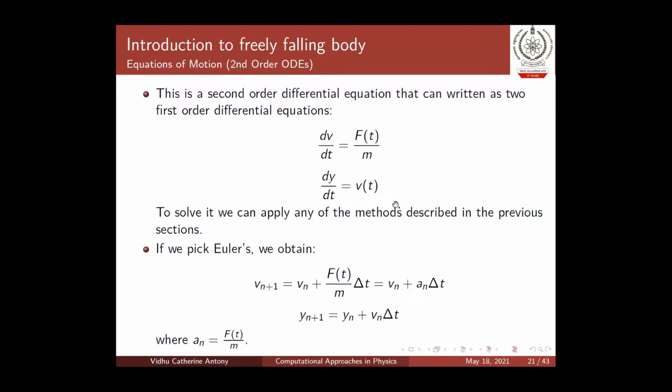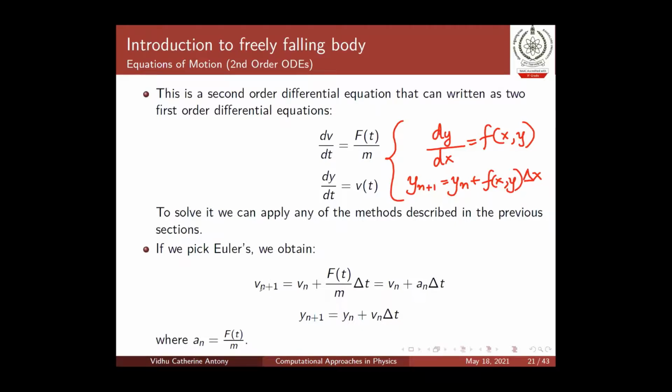So how do we look at this? When you looked at Euler's method, you had dy by dx equal to f of x comma y, and y n plus 1 is equal to y n plus f of x comma y into delta x. Now what you just have to do is replace this y by a v.